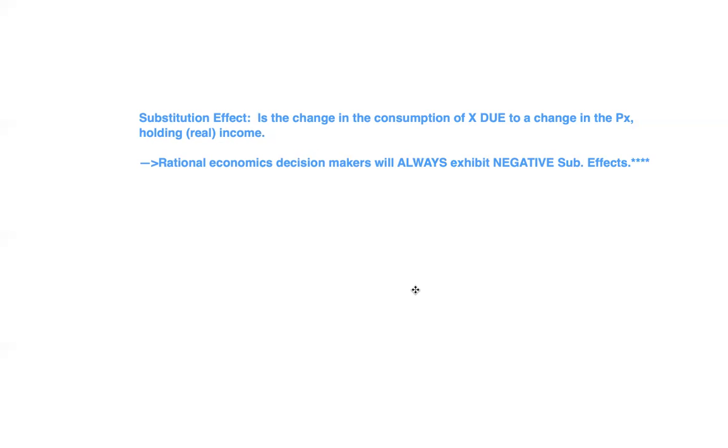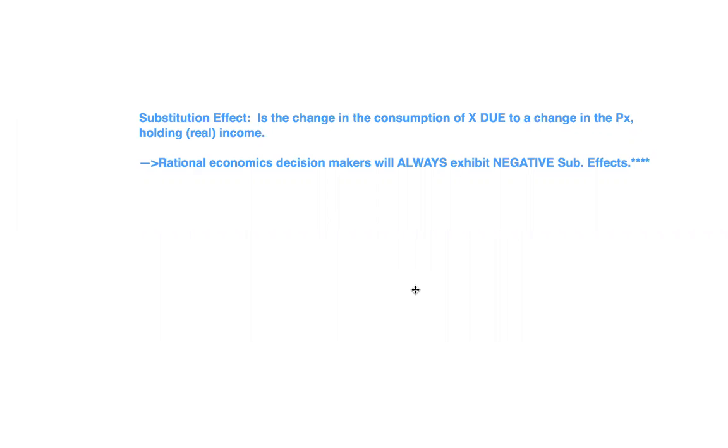Doesn't really fit nicely on a postcard, right? But this is the one and only prediction of microeconomic theory. It's not demand curves slope downward. It's not supply curves slope upward. It's negative substitution effects. That's it.